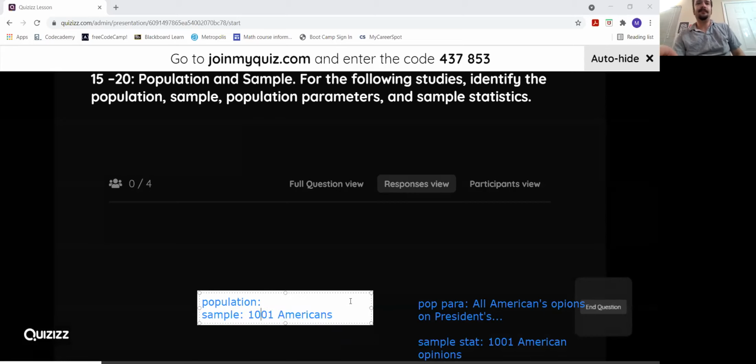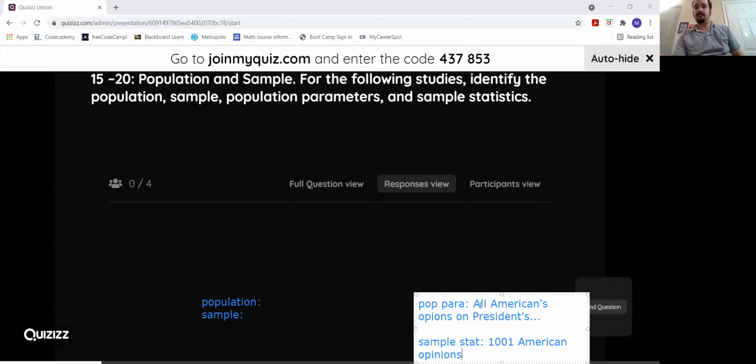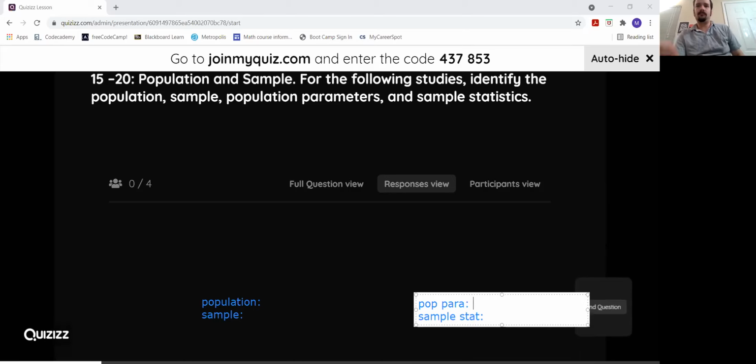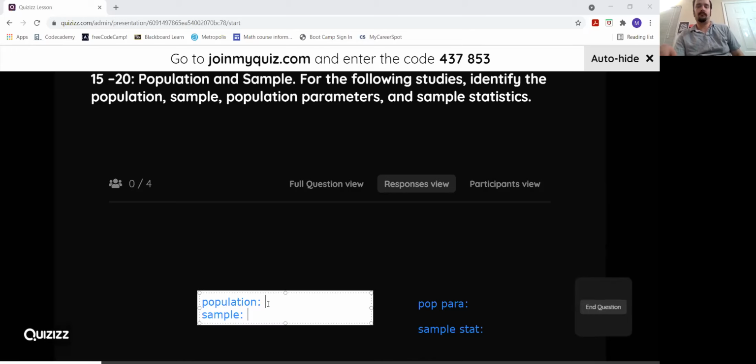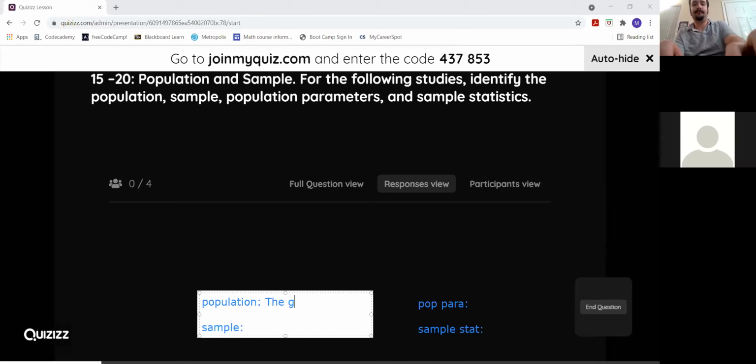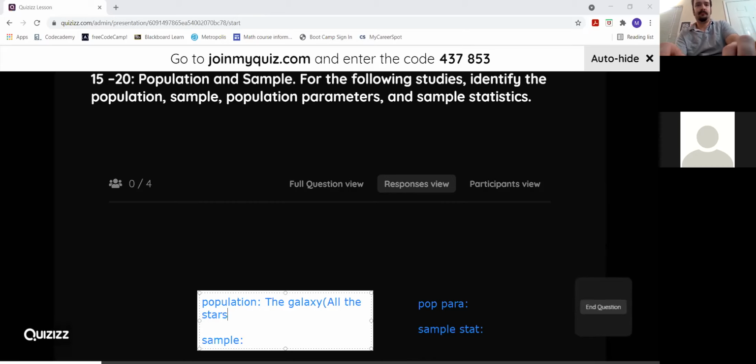What's my sample? The galaxy. Yeah, the galaxy, right? They're talking about all the stars, basically, here, right? All the billions of stars.